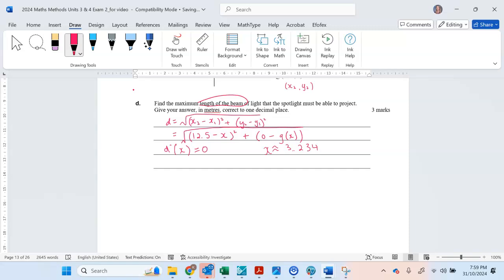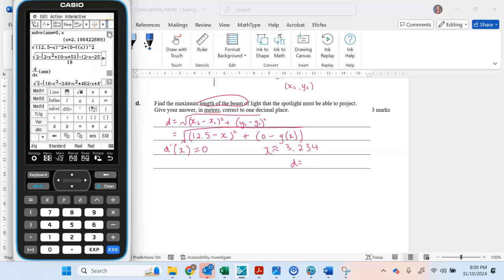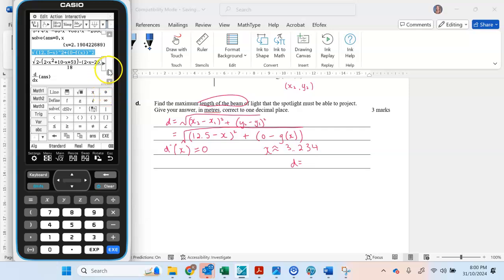But we want the maximum length of the beam. Oh, sorry, my nose is running. So we've got this distance formula here, and we just need to substitute that back into it. Let's get the calculator back up. We can just highlight that, copy it, bring it down, paste it.